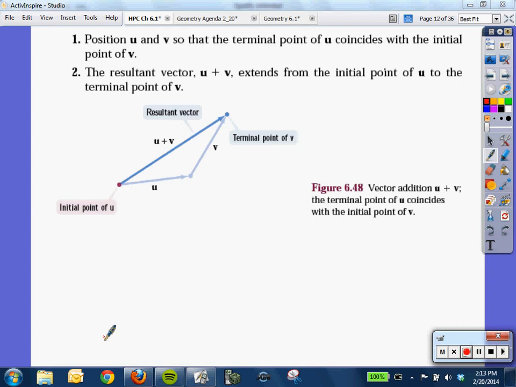And remember that you can move the vectors around. So even if they aren't touching right off the bat, you could make them touch, right? You could move the vectors around so the initial touches the terminal. The resulting vector will be u plus v, and it extends from the initial point of u to the terminal point of v. So it's just a geometric representation.